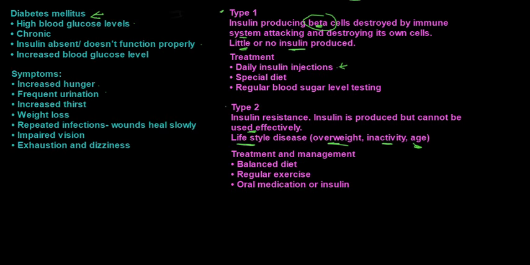So the treatment of this is a balanced diet, not eating a lot of carbohydrates because those contain sugars, very little fruit, especially no cold drinks like Coca-Cola that has quite a lot of sugar in it, but also regular exercise, and then oral medication or insulin is then used to treat this.